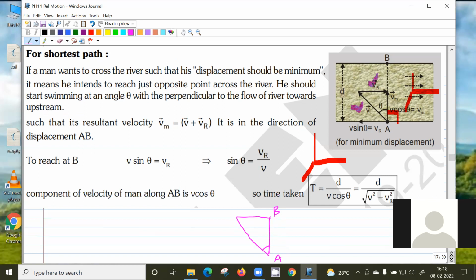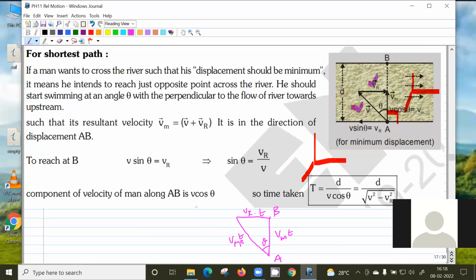Maybe we can find theta, and let the time taken be t. So this distance is velocity of man into t, and this is velocity of river into t. And this is relative velocity of man with respect to river into t.